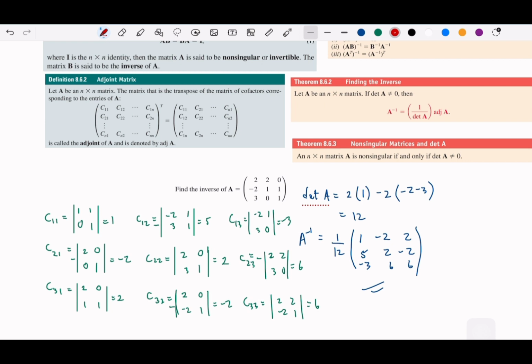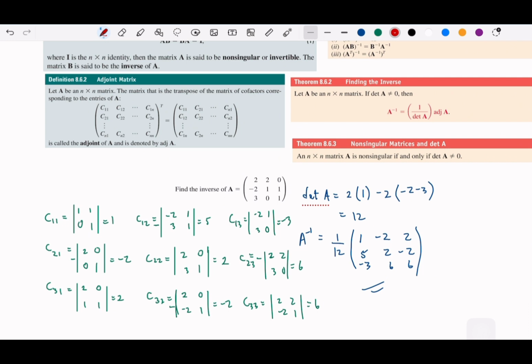If we have 3 by 3, at least we have a 2 by 2 determinant that we need to find for all the 9 cofactors. And then we need to transpose all of them and multiply with 1 over the determinant. So it will be a little bit of trouble if the size is increasing.